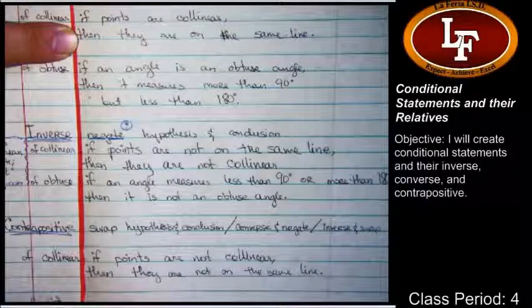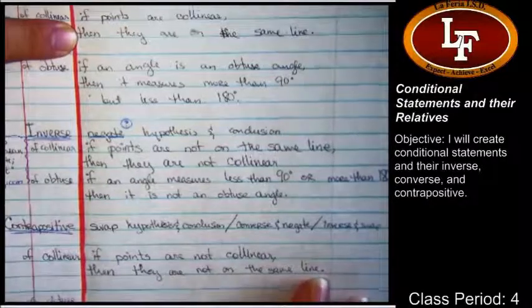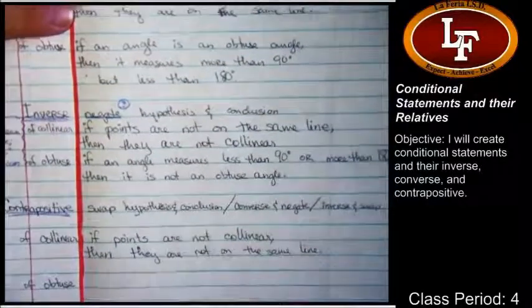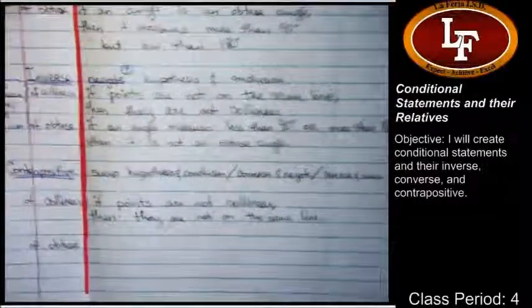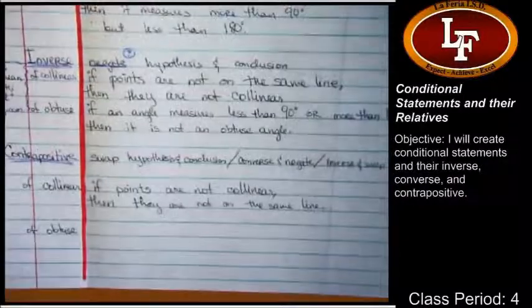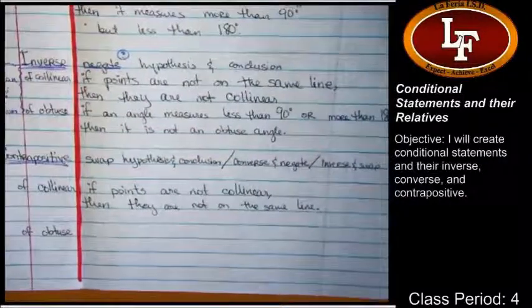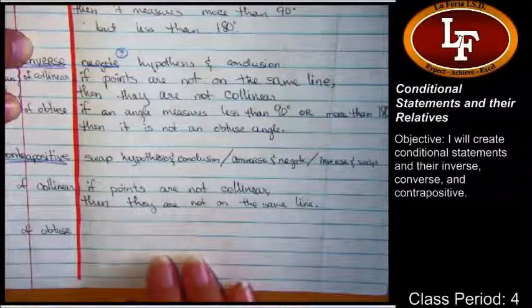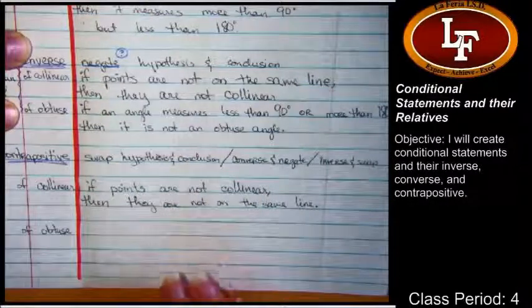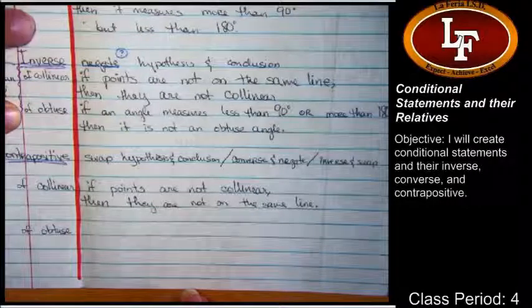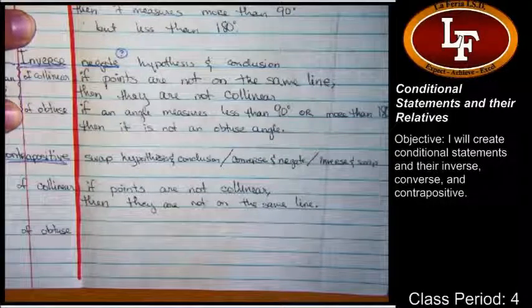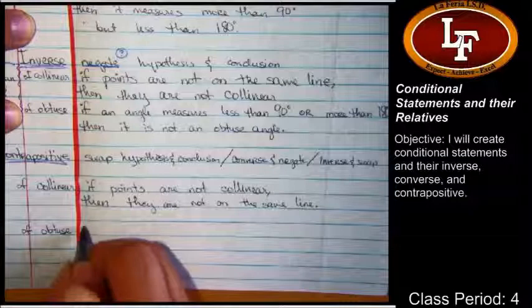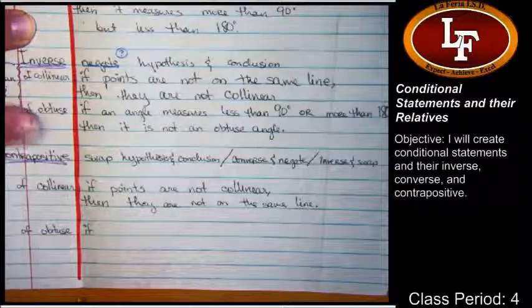Let's do obtuse. I'm out of room, so I'm going to twist my thing here. All right, obtuse. So I'm going to use the inverse of obtuse because that's what's showing. So here's my inverse of obtuse. Inverse says, take the inverse and swap them. So what was my hypothesis for this inverse?